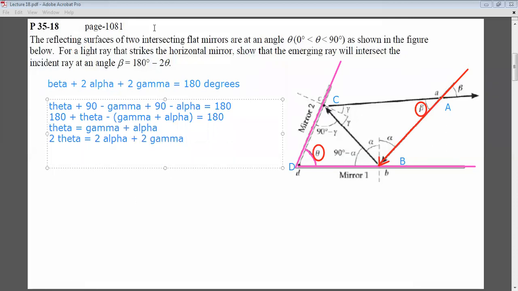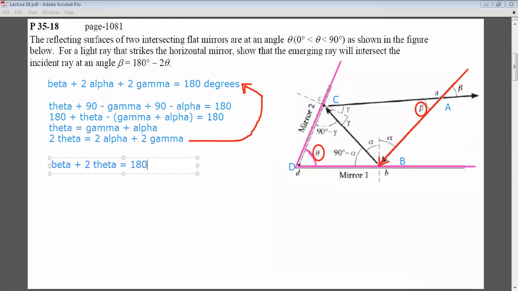Now, if I plug this thing here in this equation, I will have beta plus 2 alpha plus 2 gamma, which is 2 theta, is equal 180 degrees, or in other words, beta is equal, if I take 2 theta to the other side, 180 minus 2 theta. Okay, and I prove what they want me to prove.